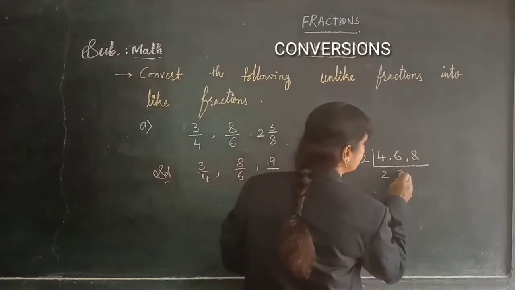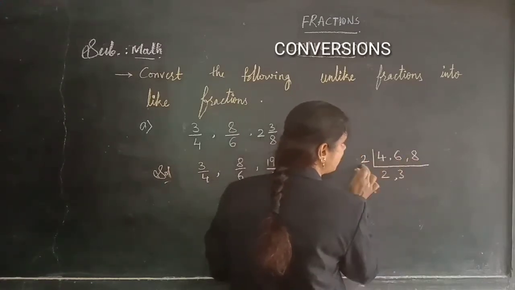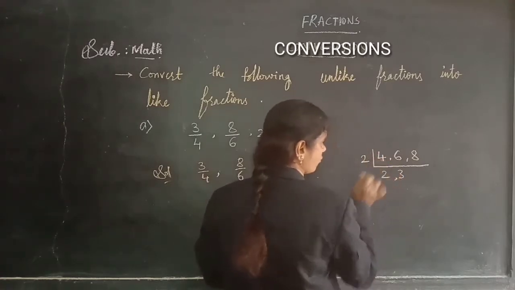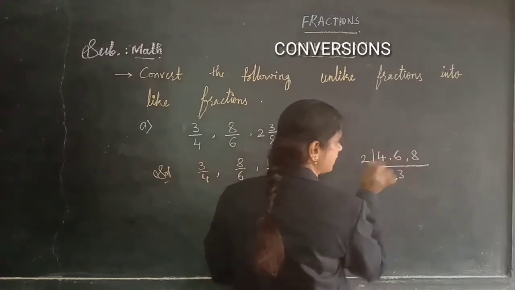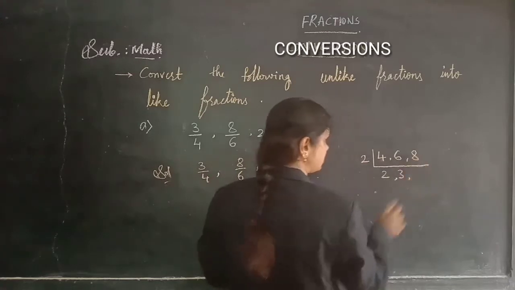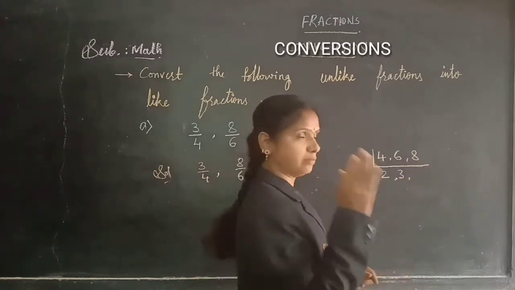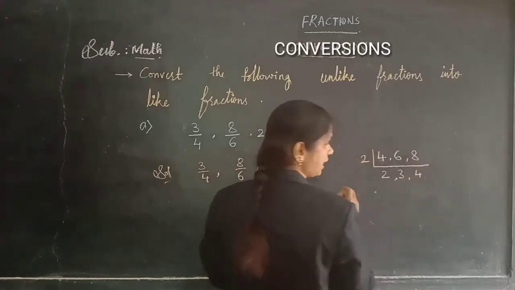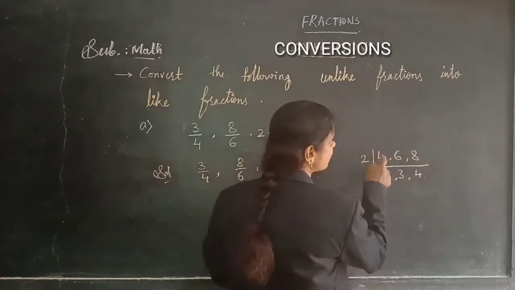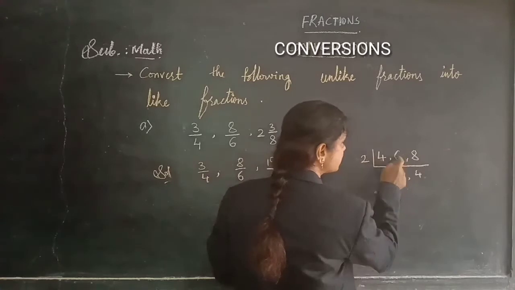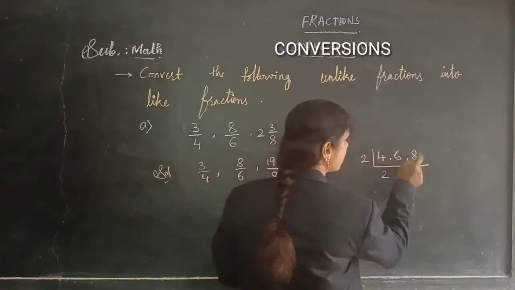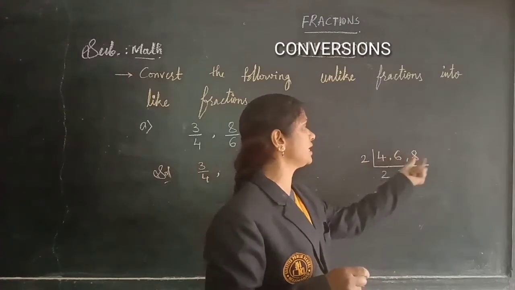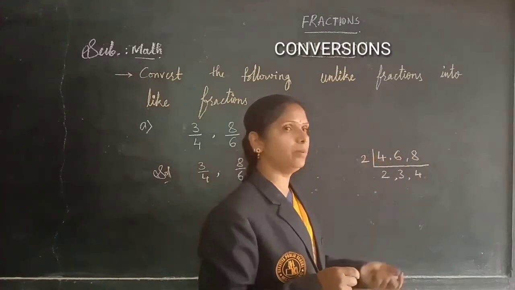And 8 in the 2 table: 2 4s are 8. Again I am repeating: 2 2s are 4, 2 3s are 6, 2 4s are 8. This is the LCM method, children. So 4, 6, 8 can be divided by the 2 table.